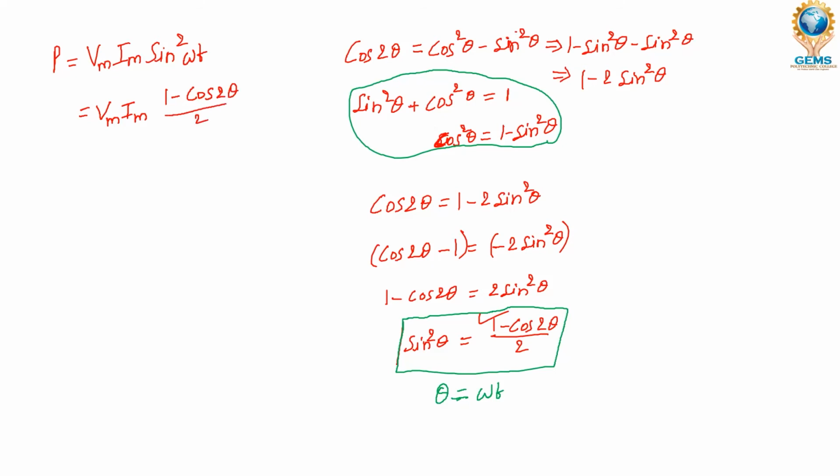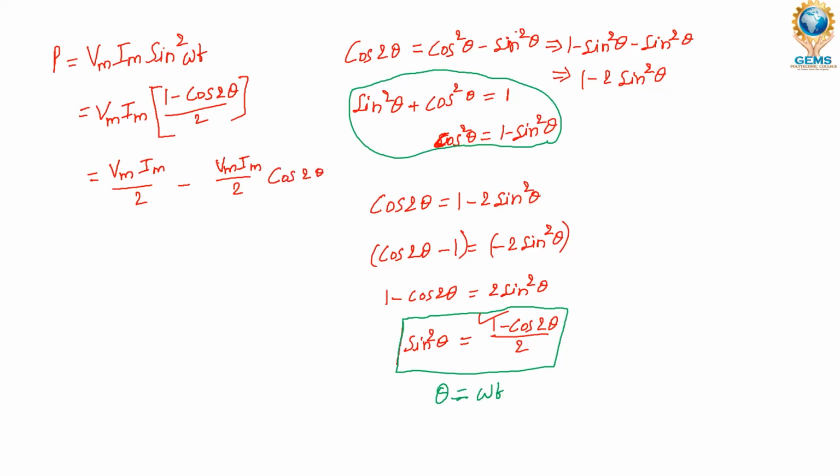Now I am going to multiply with this. What value will come? Vm into Im by 2 minus Vm into Im by 2 into cos 2 theta.